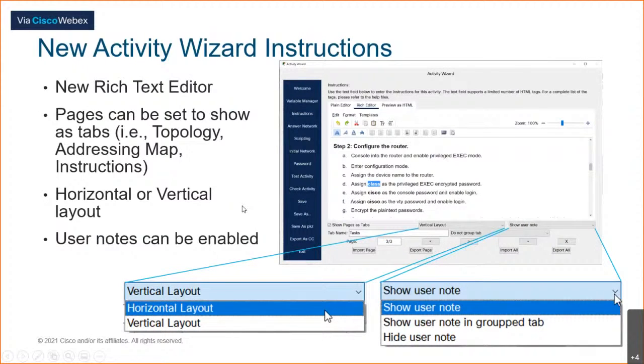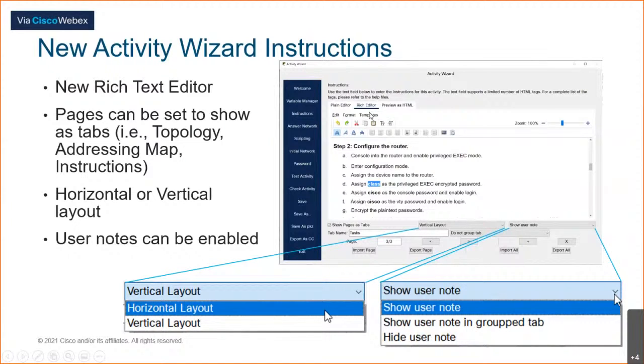Furthermore, there are some enhancements, of course, in the back end of the activity wizard, because these instructions are written there by the activity author. First of all, our activity authors definitely will like the new rich text editor. To write the instructions, you now have this new rich editor tab over here, and using this tab, you can really just edit rich text.